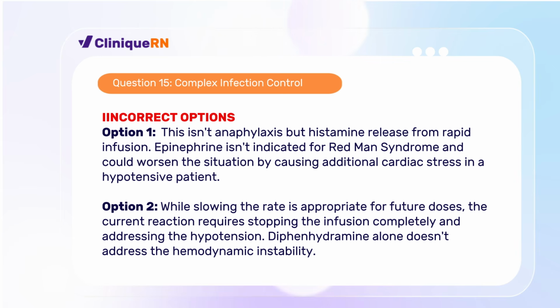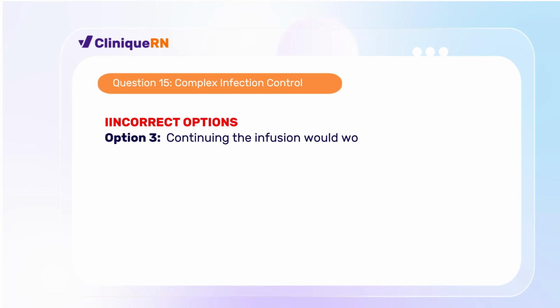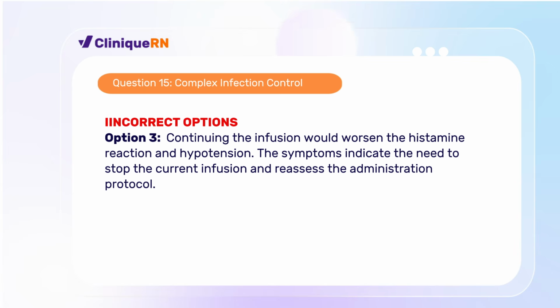While slowing the rate is appropriate for future doses, the current reaction requires stopping the infusion completely and addressing the hypotension. Diphenhydramine alone doesn't address the hemodynamic instability. Option 3. Continuing the infusion would worsen the histamine reaction and hypotension. The symptoms indicate the need to stop the current infusion and reassess the administration protocol.